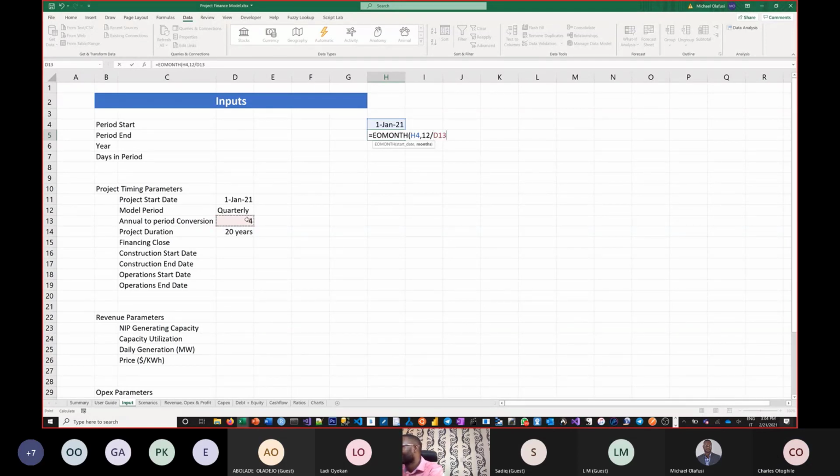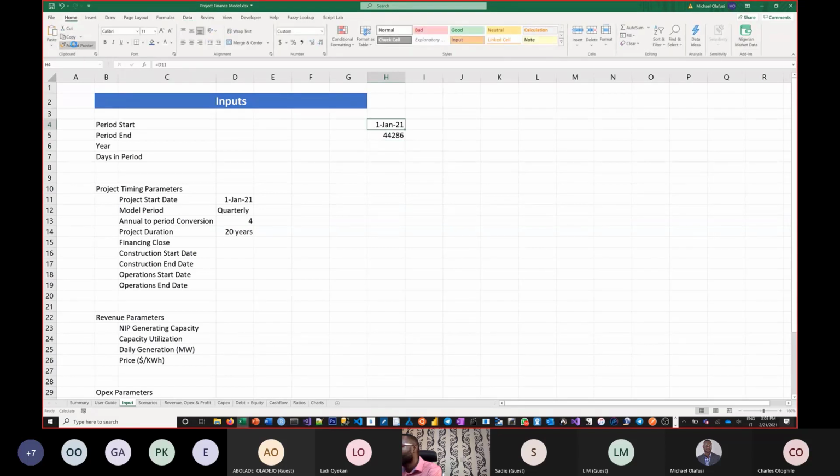Let me just use that, 12 divided by whatever is here. I'm going to lock that part, and then just -1. I hope that works. Let's see what comes out. And if I format it, okay, so that worked fine.